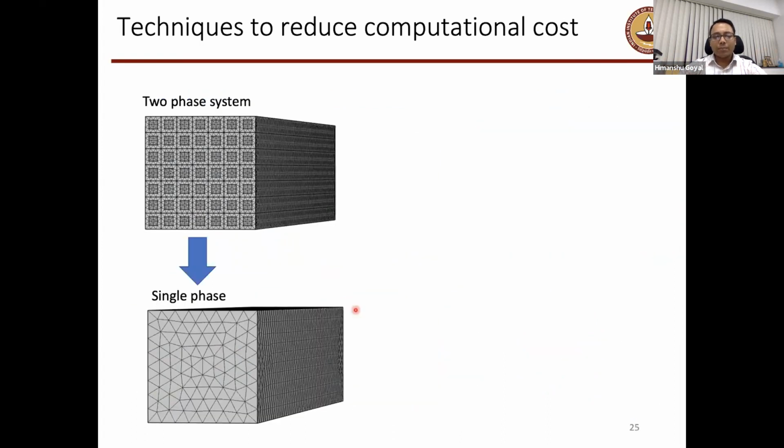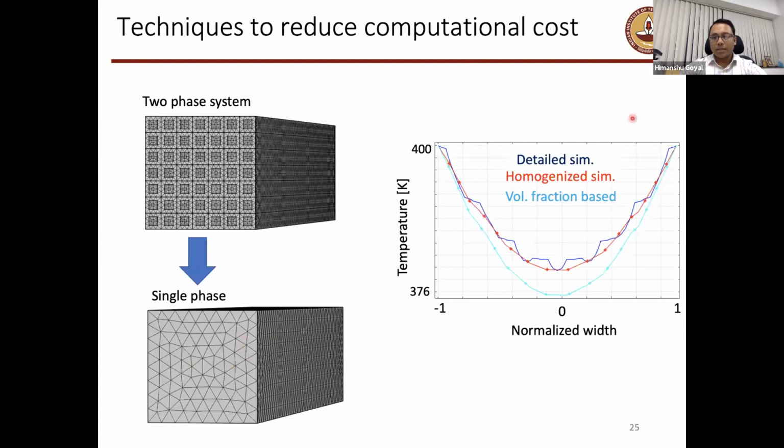As a specific example, my MS student is working on this problem, where he is taking this monolith reactor and replacing it with a homogenized mixed phase. You can see that the grid requirement sharply reduces. Here is the comparison of the temperature along the width in the center line for this system.